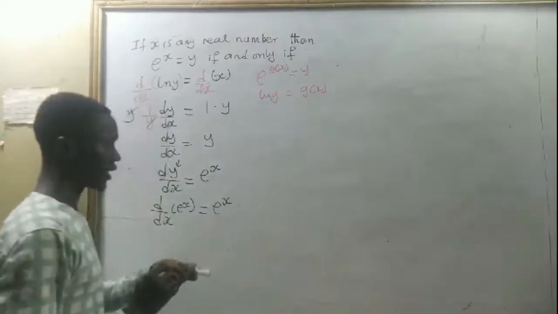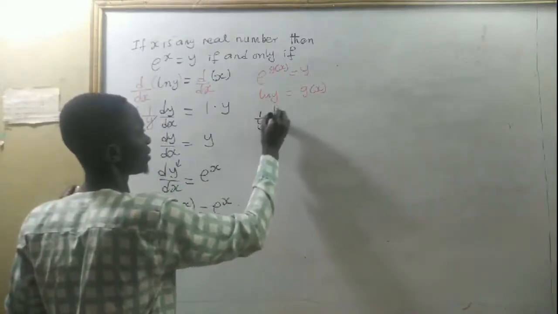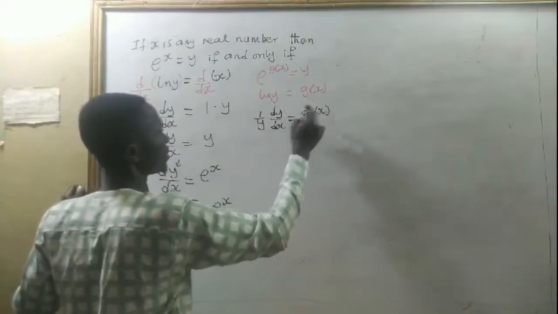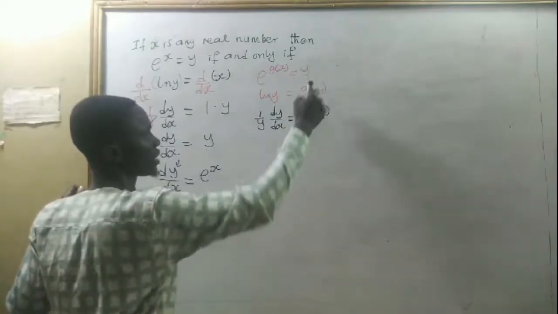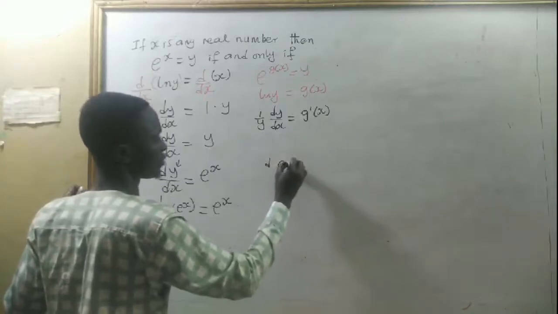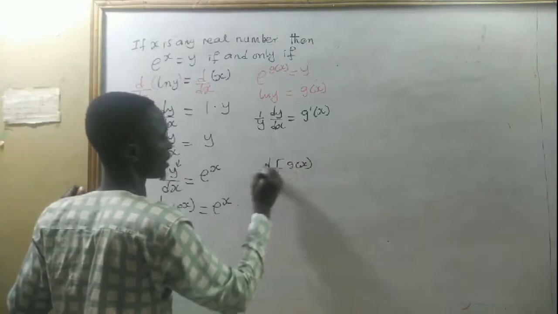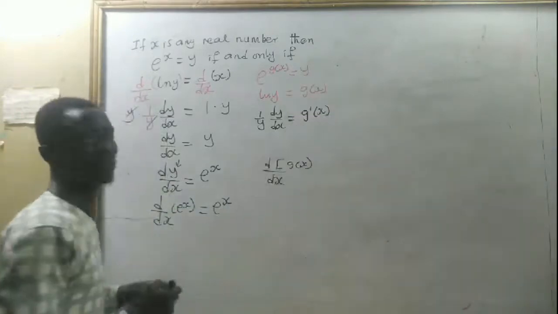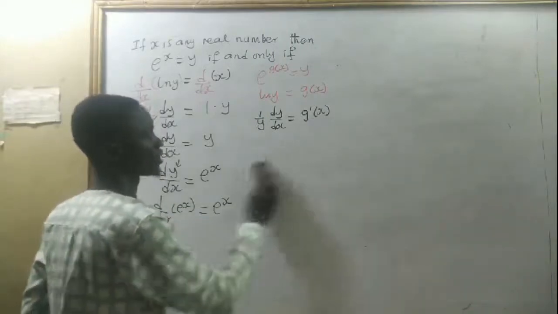Now if you differentiate this, we are going to have 1 divided by y, dy/dx, equal to g prime of x. g prime of x means you have differentiated g, or it can be written as d/dx of g of x. That means you differentiate this and it is the same symbol. If you watch my video on basic differentiation, you get to know the symbols.